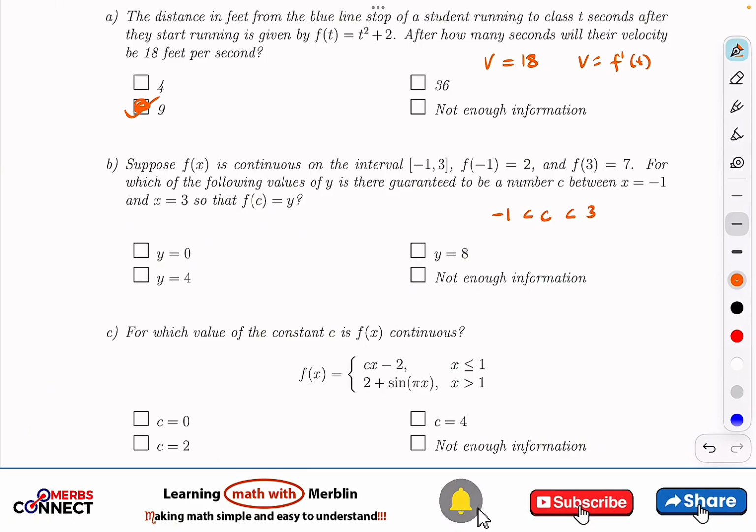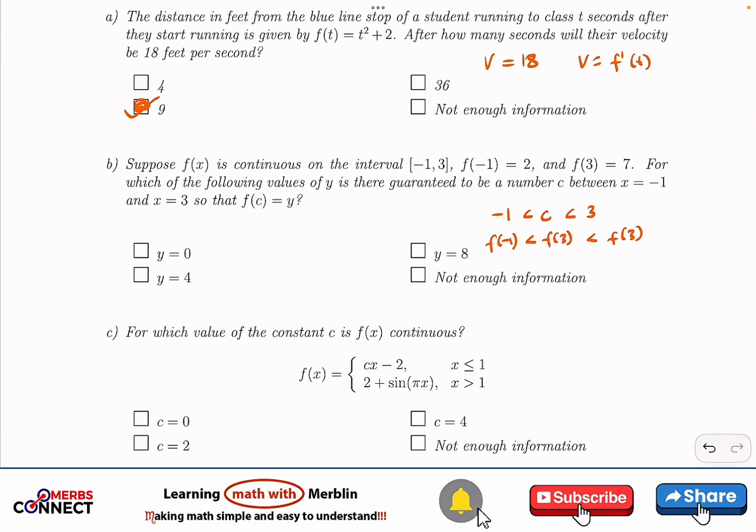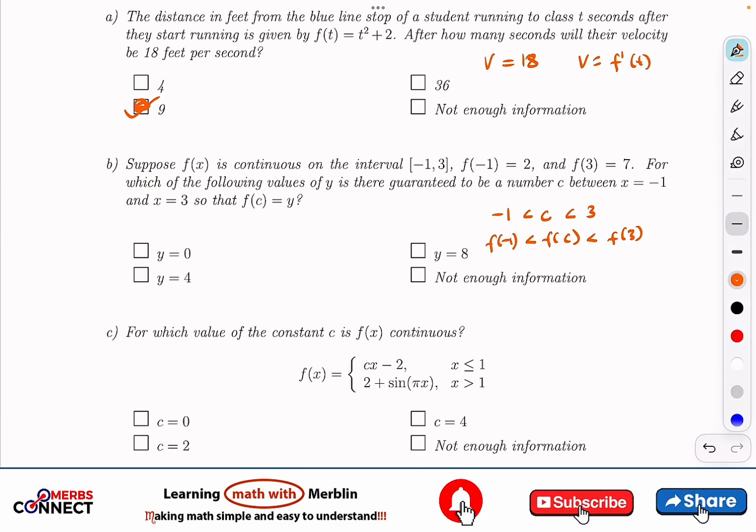So the idea is that when I pick f of -1 and then I pick f of 3, when I pick f of c, it should also lie between those function values.